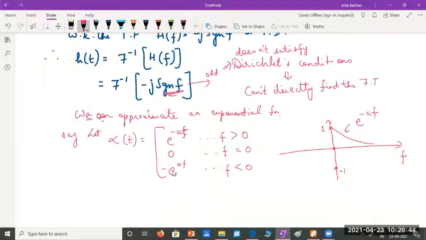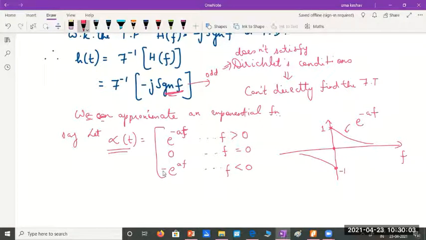And since this is e power plus af, this becomes a rising exponential like this. So this gives you the graphical representation of the approximate signal alpha which I have considered.